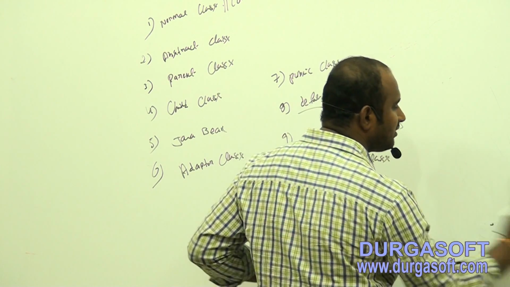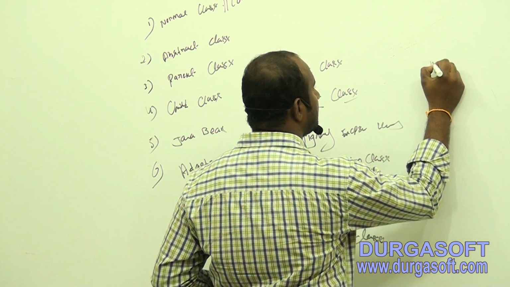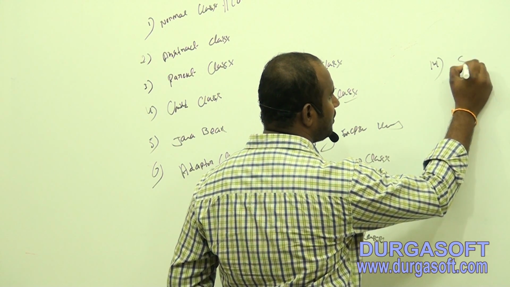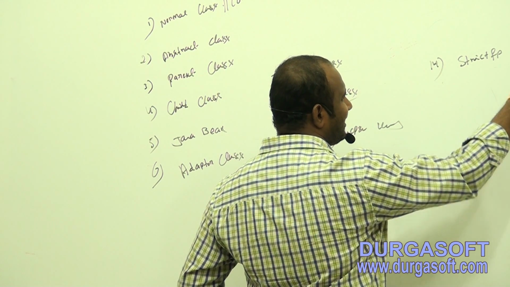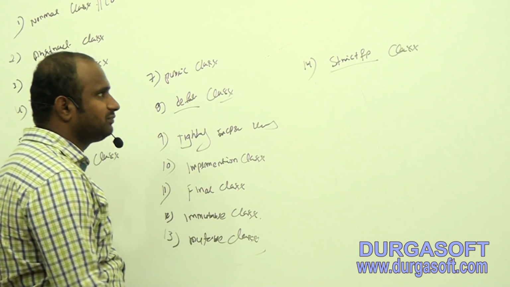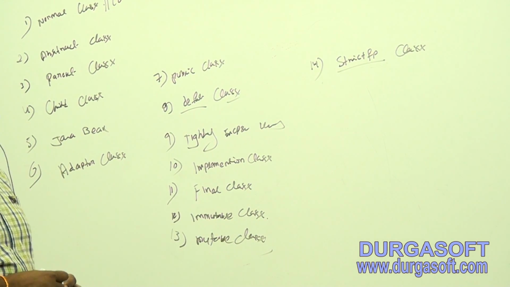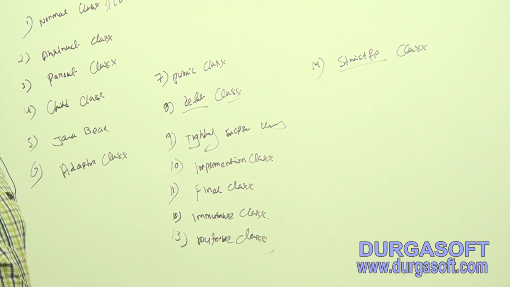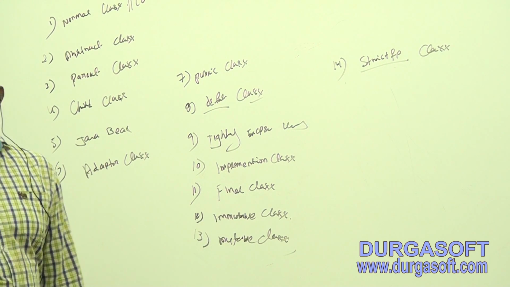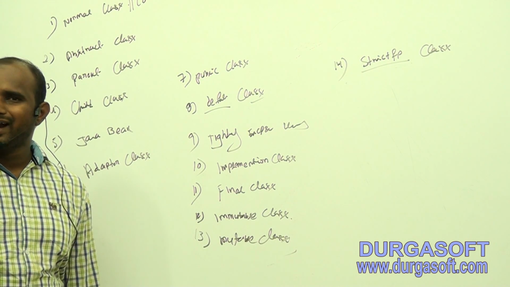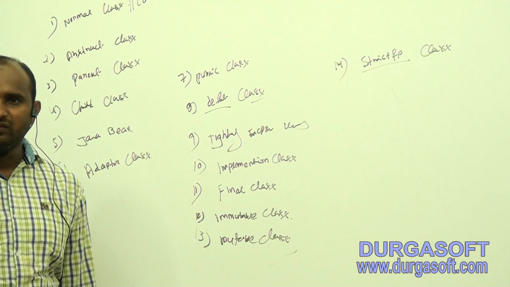The 14th class, the strictfp class. What do you mean by strictfp class? A class declared as strictfp. So a class declared as what? strictfp. That class contains a number of methods, right? Every method follows the floating point calculation standard, IEEE 754.